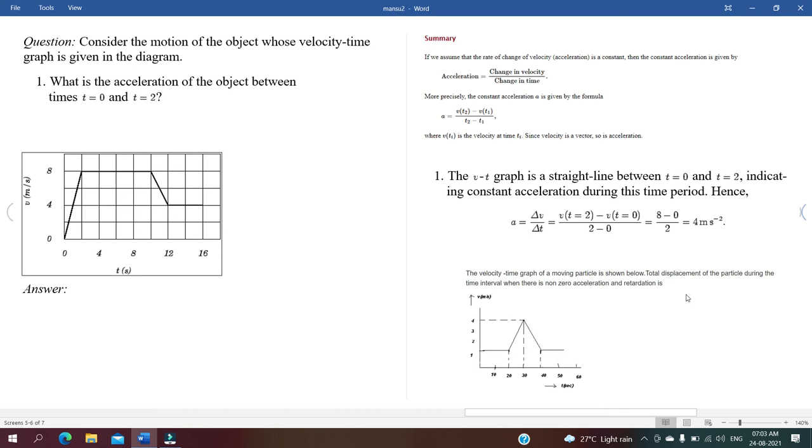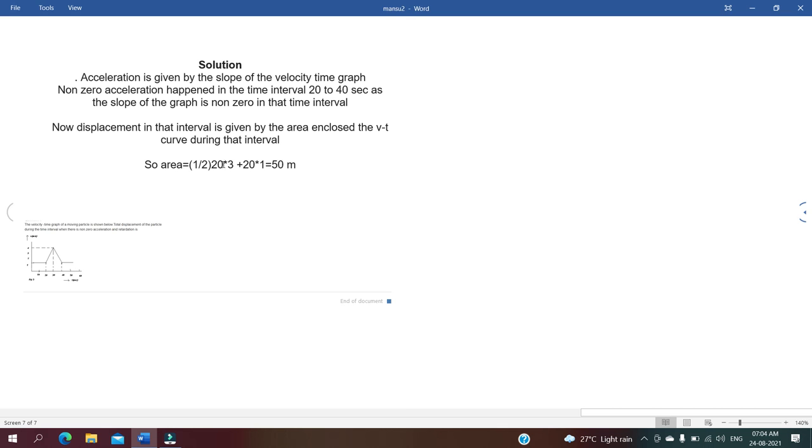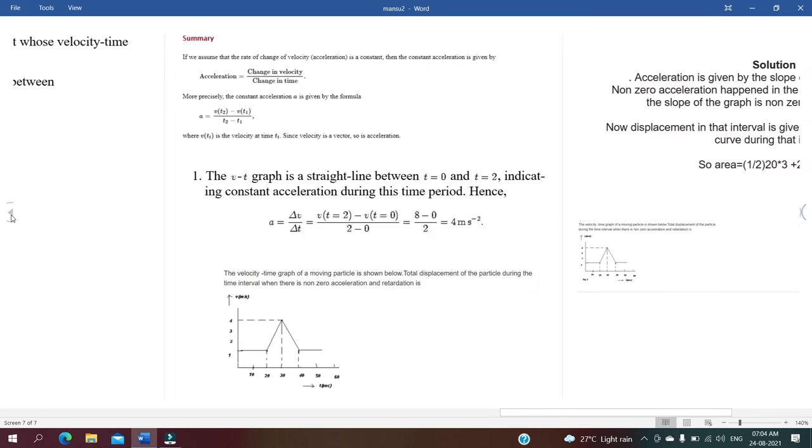So area of triangle will be equal to half, base will be 40 minus 20, which is 20, and height will be equal to 4 minus 1, which is 3. You will get half into 20 into 3, plus this is the area of the rectangle.